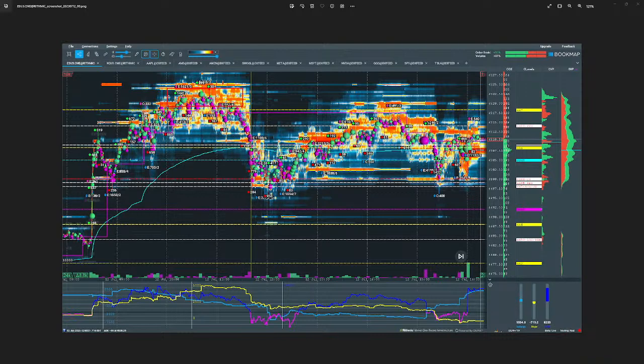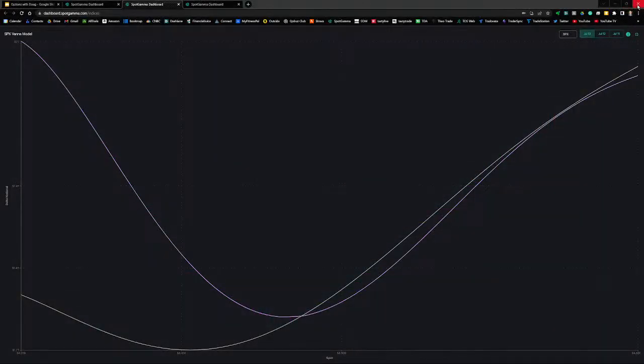It may be hard to see. So to fade the upper end of the range and then fade the lower end of the range. So sell at the high end, buy at the low end. All right, so that's why I look at this.